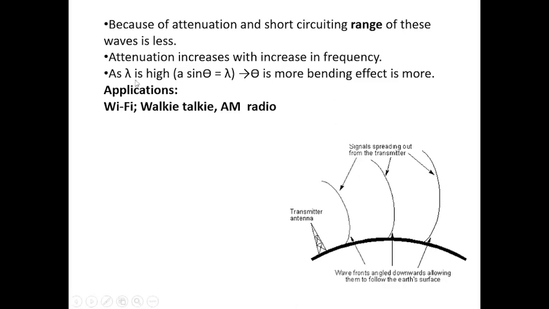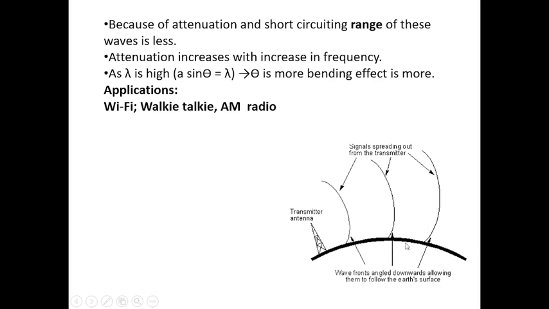And here these are low frequency, which means high wavelength. According to diffraction, first order maxima, a sin theta equals 1 lambda. So if lambda is large, theta is also large, which means the bending effect is more. For example, from this transmitter antenna, if ground waves are propagating, they bend more towards the earth.